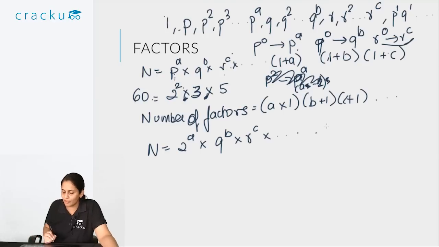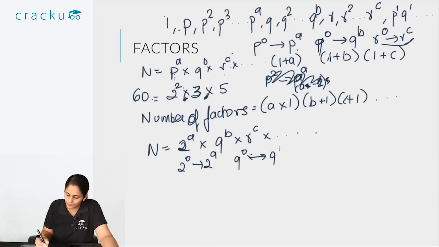In this case, if I have to consider only even factors of N, I am saying that I must have at least one 2 in it. Earlier the range would have been 2 raised to 0 to 2 raised to a, q raised to 0 to q raised to b, and r raised to 0 to r raised to c.